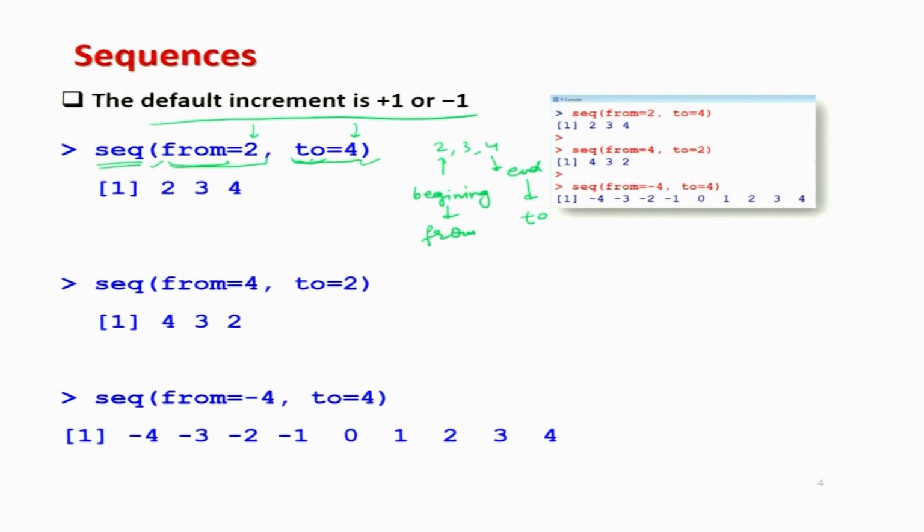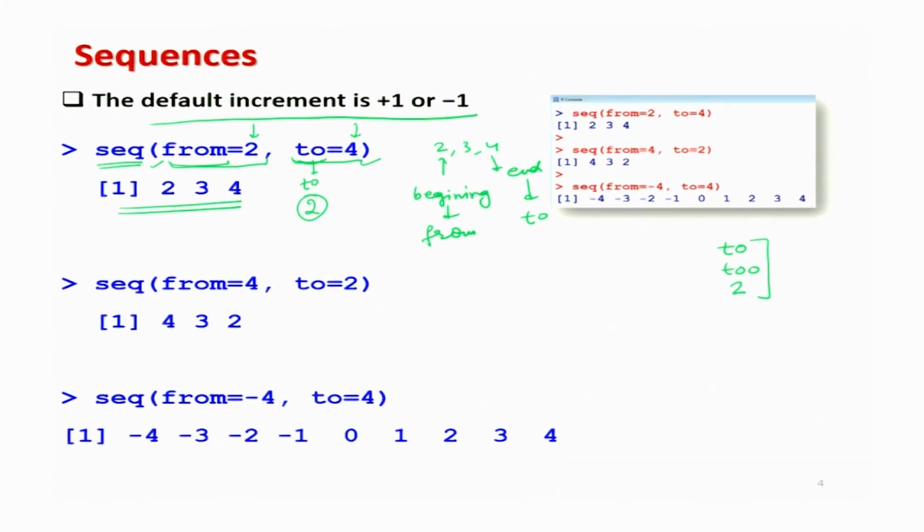Please understand I am saying the option to, not the number 2. And you have to be watchful during the entire lecture: whether I say to, too, or the number 2, my audio is always going to sound like 2. So, just be careful. Now if you execute this command, it will give you this outcome: 2, 3, 4.